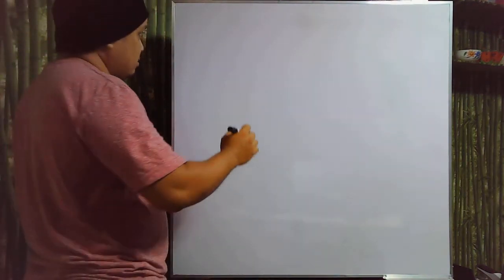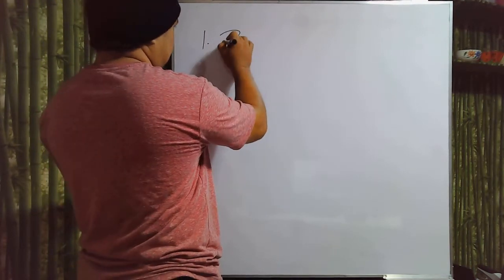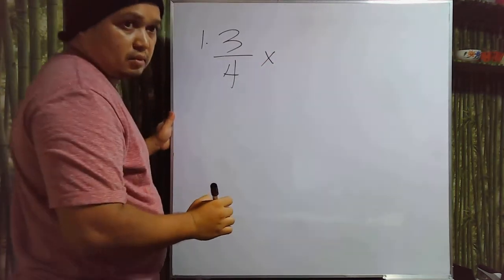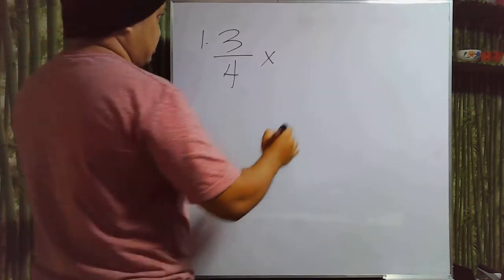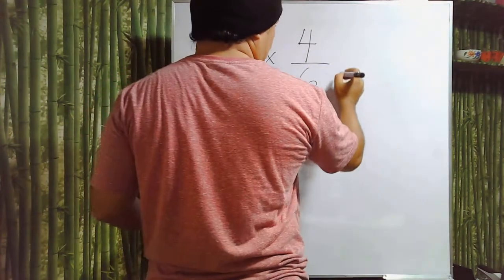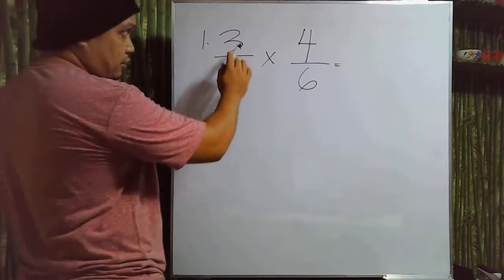So let's answer number 1, which is 3/4 times 4/6. Okay, so to use cancellation method, just cancel their cross.